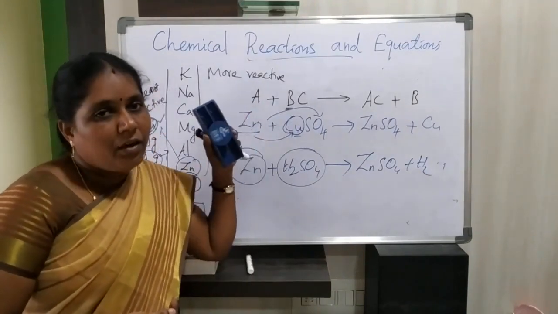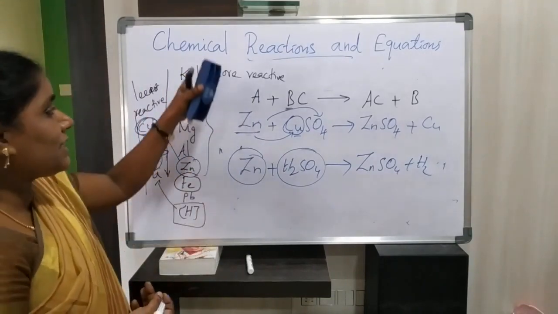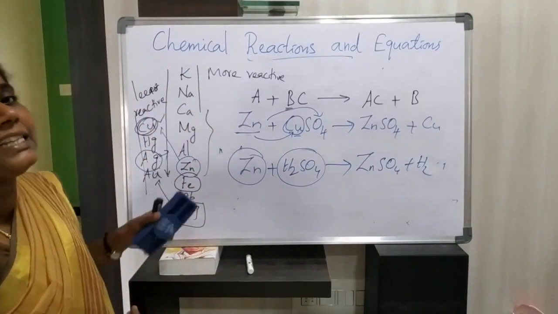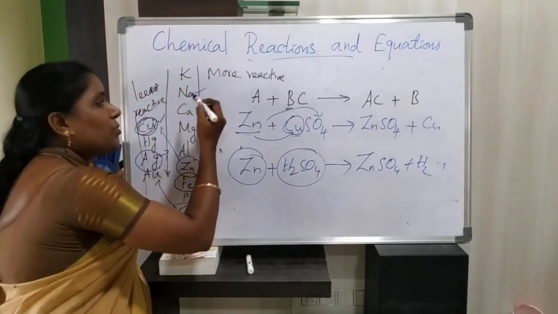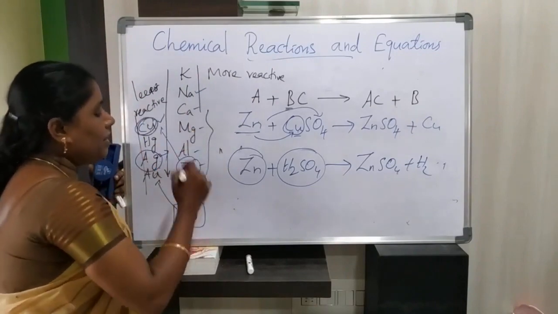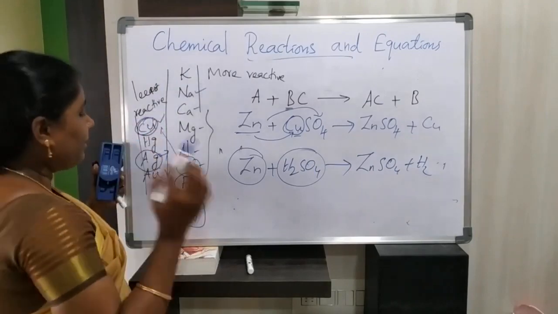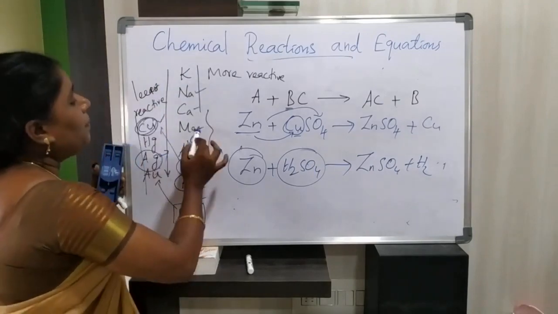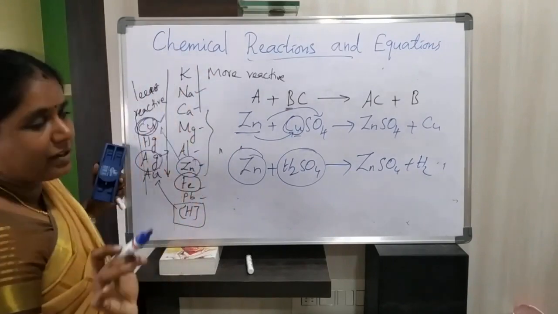For example, all these are the reactivity series of metals, arranged in decreasing order of reactivity. Potassium is more reactive, sodium also more reactive, calcium also, then magnesium, aluminium, zinc, iron, lead, all arranged in decreasing activity. Compared to zinc, magnesium is more reactive, so zinc cannot displace magnesium.